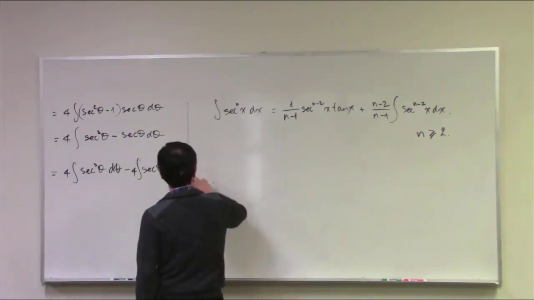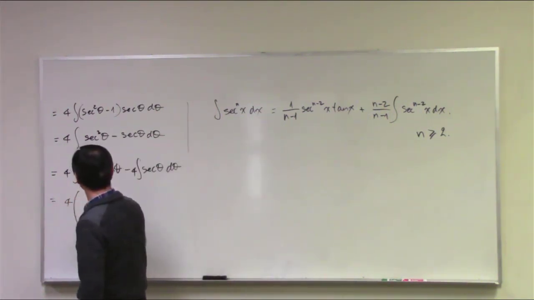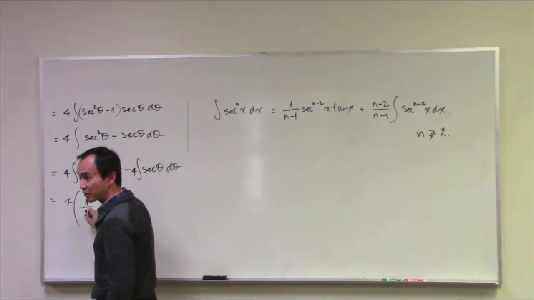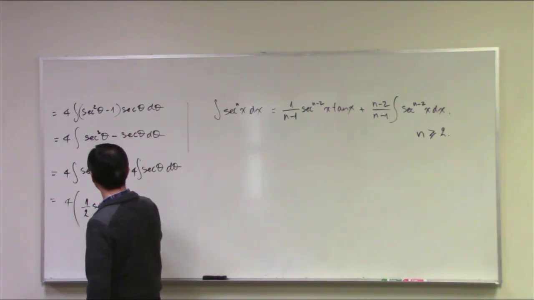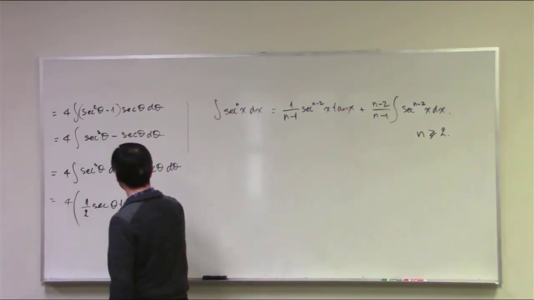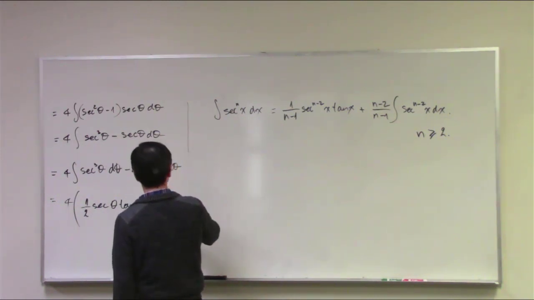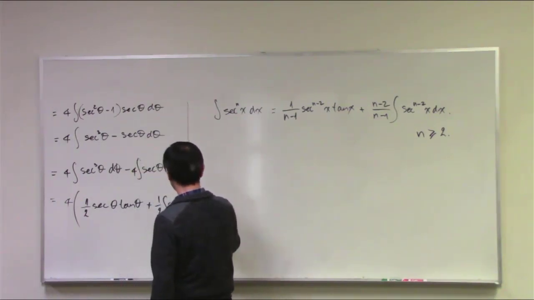Now I need a lot of space right here, so it's going to be 4 times, and now I'm going to open a parenthesis here. So cubic, it's going to be 1 over 2, for n minus 1, times secant of theta times tangent theta, plus, now n is 3, minus 2, so that's going to be 1 half times the integral of secant of theta to the first power d theta.